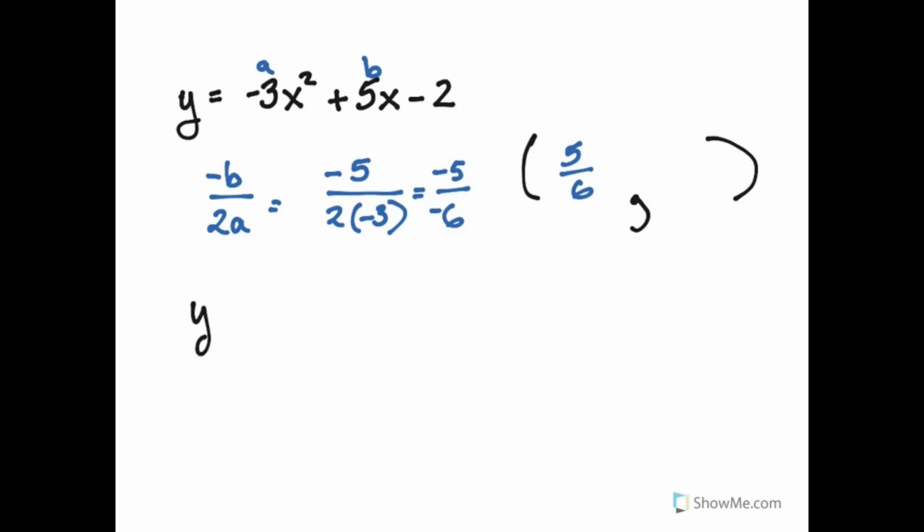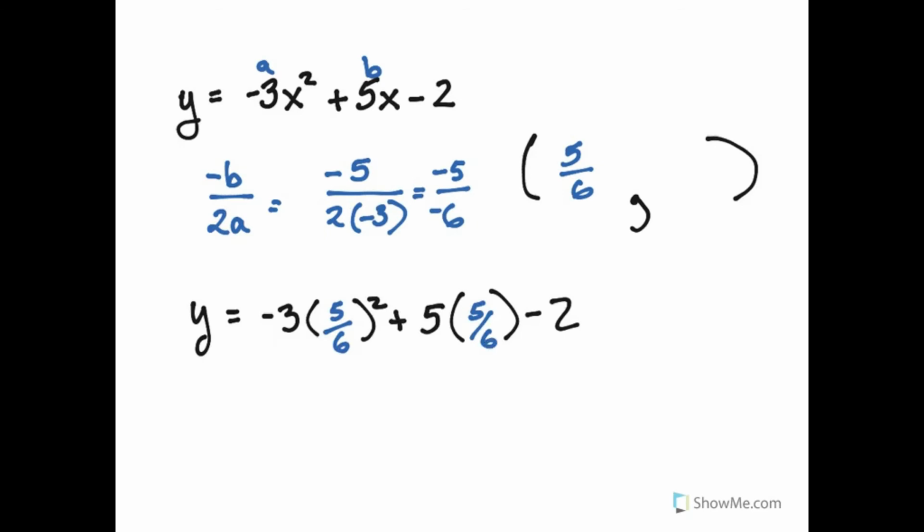If I put that 5/6 back into the equation to find the y-coordinate of the vertex, I just plop it in for x in each spot and multiply it out.